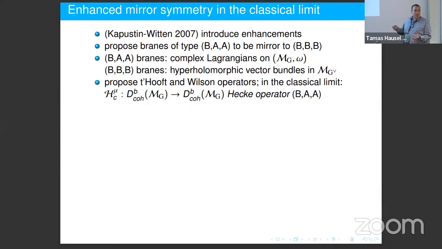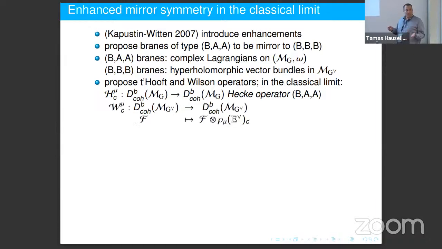This is going to be a Lagrangian operator, a BAA type operator, in the sense that it's going to preserve complex Lagrangians. And on the other side, we will have Wilson operators, which are easier to define. They are just a tensor product of our coherent sheaf or complex of coherent sheaves with a vector bundle. And this vector bundle will be crucial later, so we will discuss it in a moment in more detail.